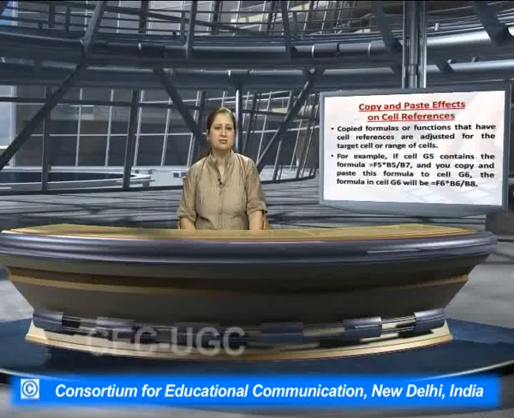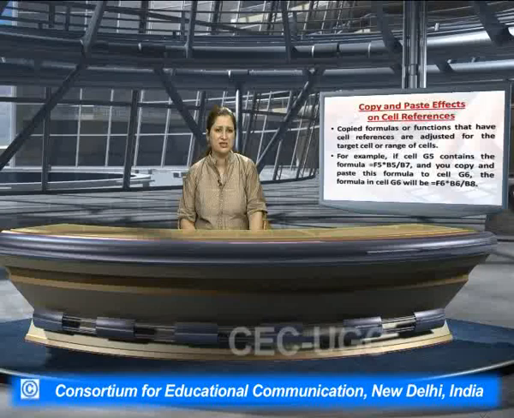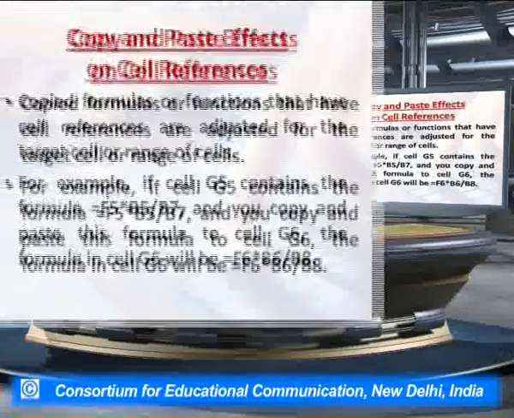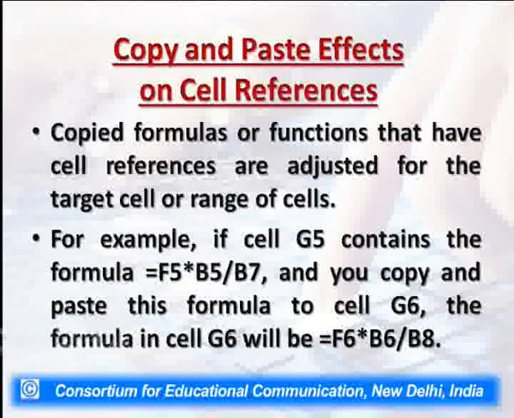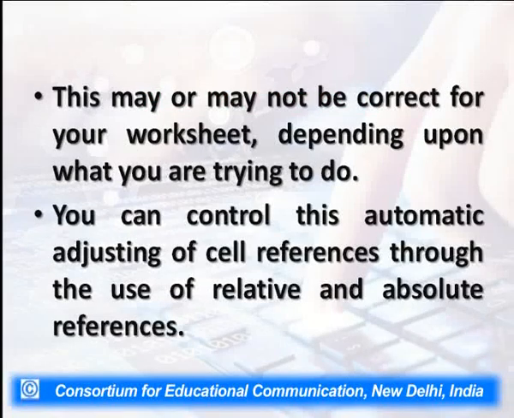Copied formulas have cell references which are adjusted for the target cells or the range of cells. So, we just discussed that automatically the reference will change according to the place where your formula has been copied.